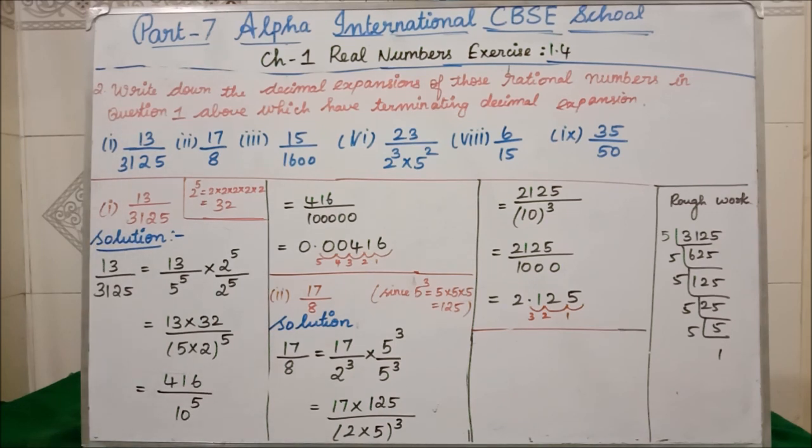Clear? So, if you see in the first subdivision, we have got first question we got terminate, second question also we got terminate, third question is also we got terminate, similarly sixth question we got terminate, eighth question we got terminate, ninth question we got terminate. Remaining fourth, fifth, seventh and tenth we got non-terminate.